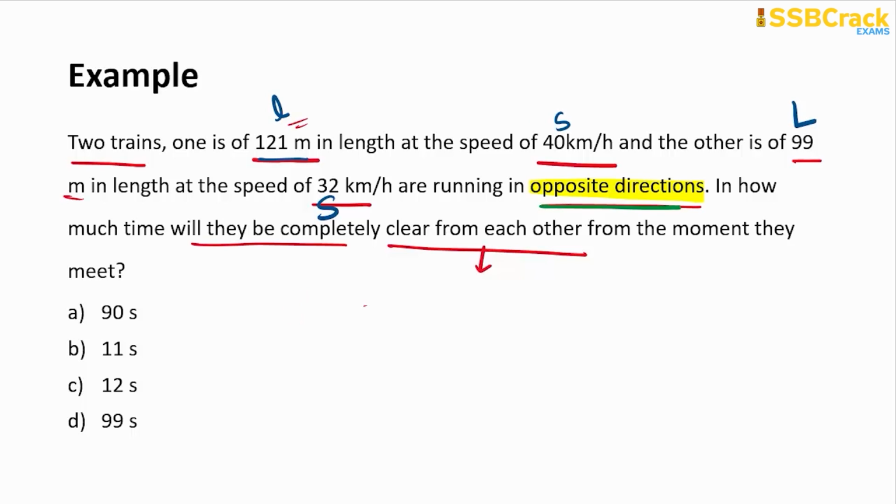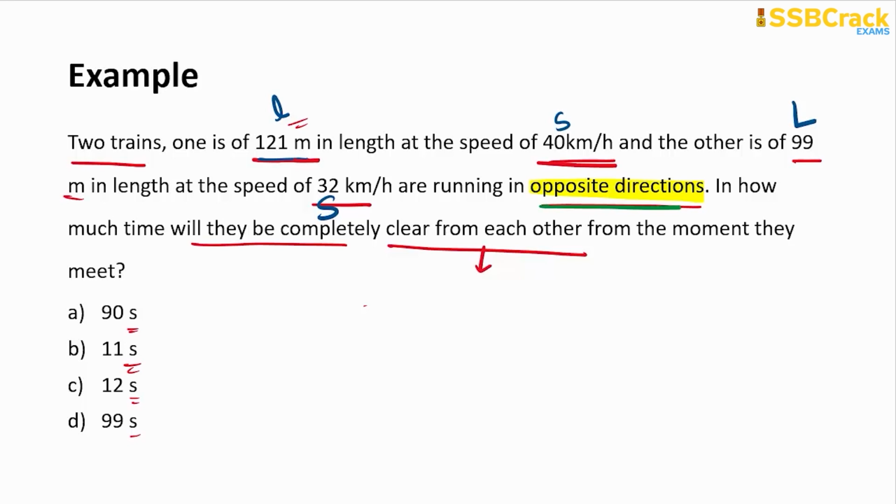Before we apply the formula for this particular question, check here that the lengths of the trains are mentioned in meters and the speeds of the trains are mentioned in kilometers per hour. So you have to be careful with the units when you are solving problems based upon speed, distance and time. First of all, we need to convert these speeds into meter per second units, so that we can use the same unit to get the required answer in seconds.